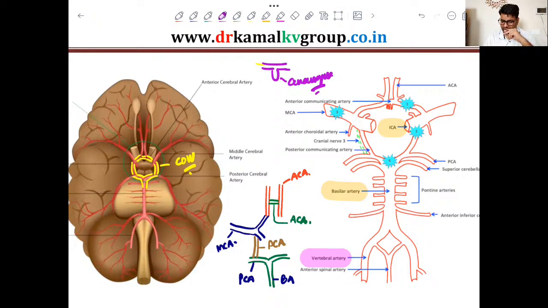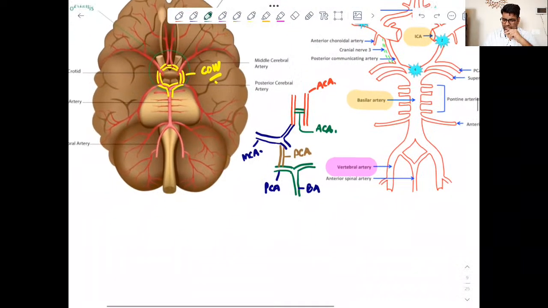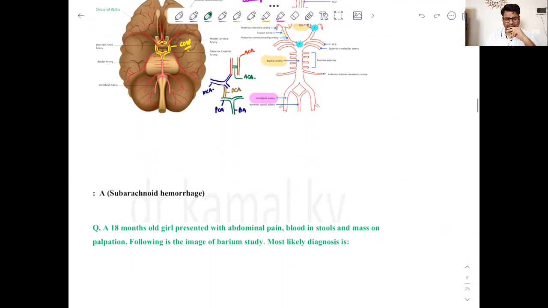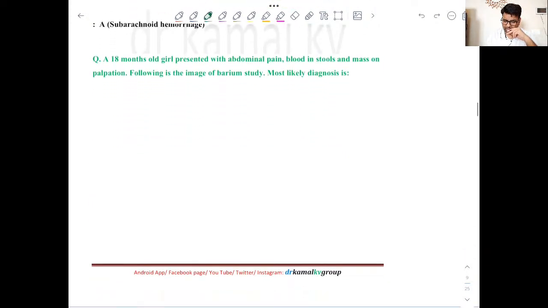So that is a very beautiful concept, and I think everyone should know this, and that is the importance of the circle of Willis, because it can lead to subarachnoid hemorrhage. So I think now all of you will remember this concept. This is the circle of Willis, and it's applied in the form of subarachnoid hemorrhage.